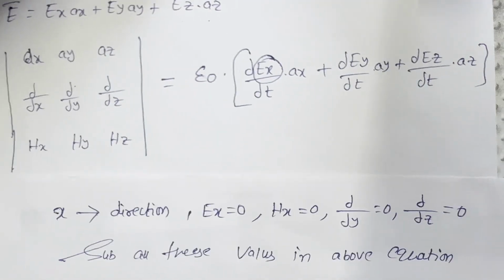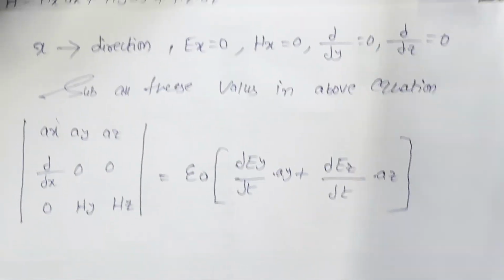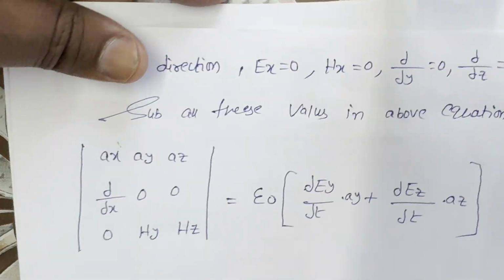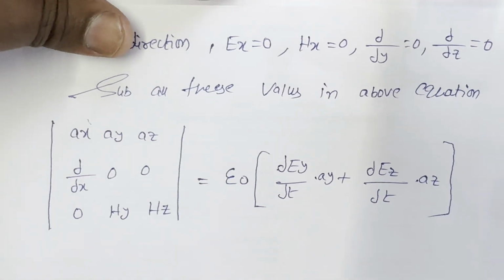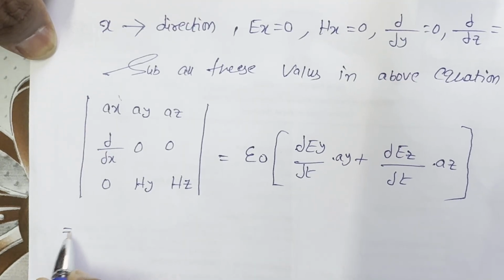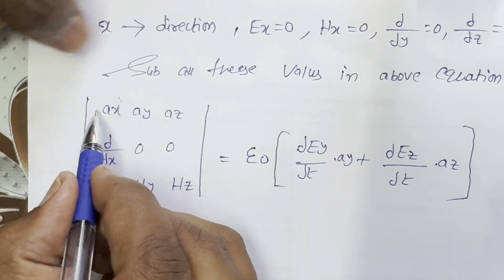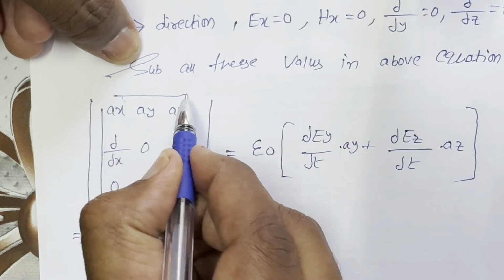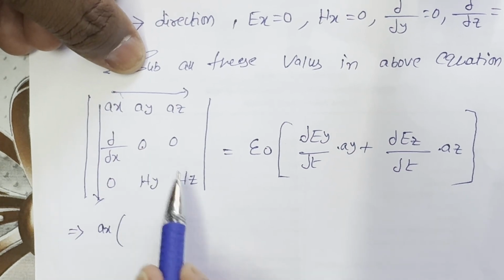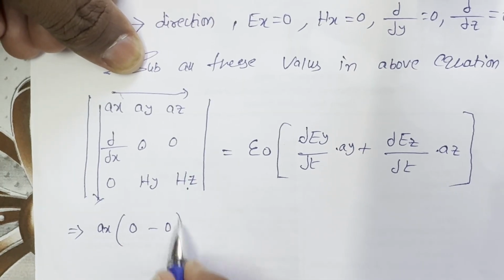By replacing all those values, now expanding the determinant: first Ax into this one and this one, 0 into Hz, 0 minus this one into this one, 0.